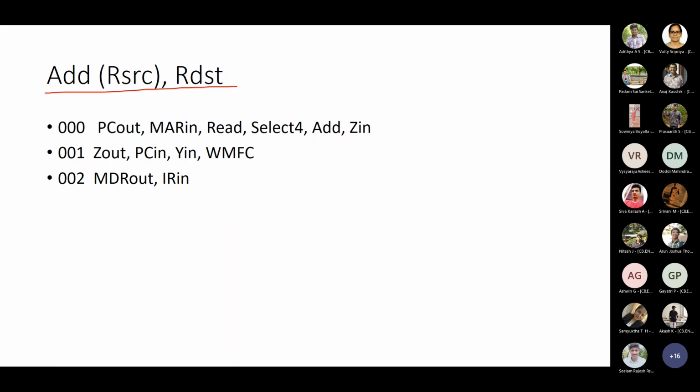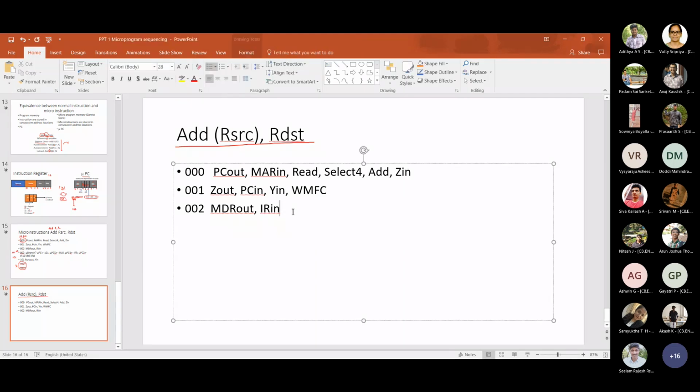How will you write the instruction in 003? It should be the mu branch, the micro branching instruction. For that, what should you load in mu PC first?